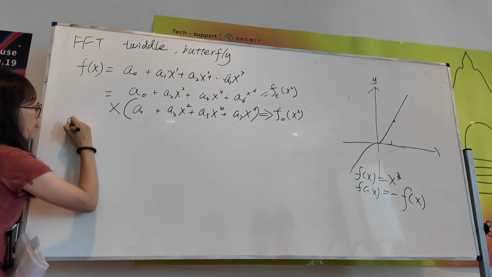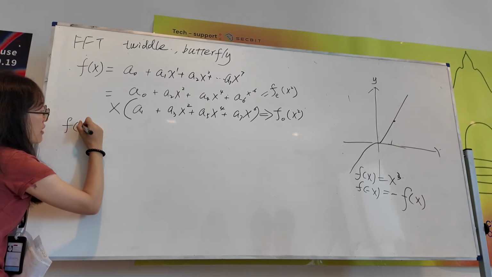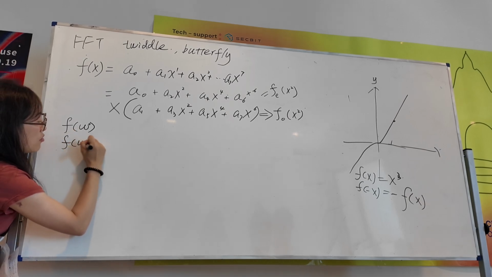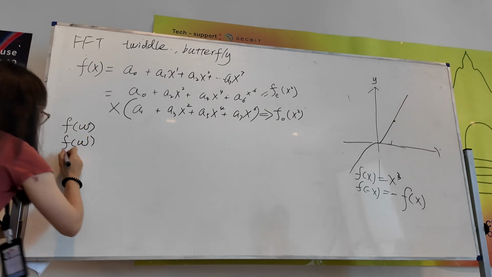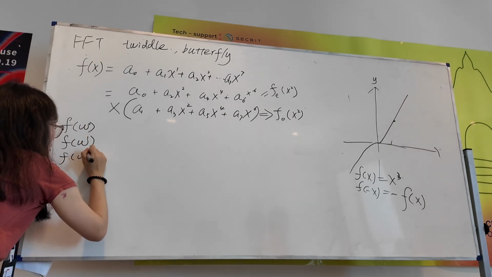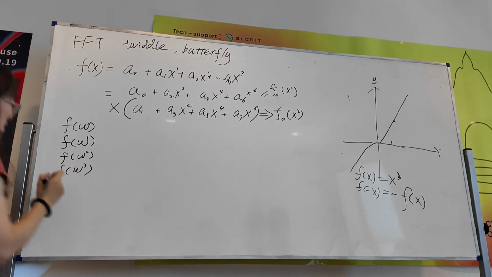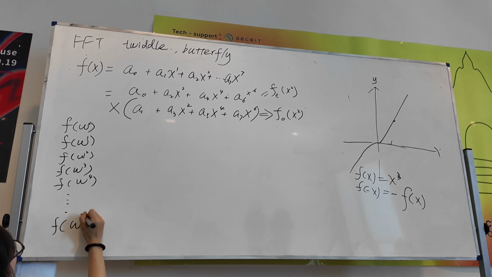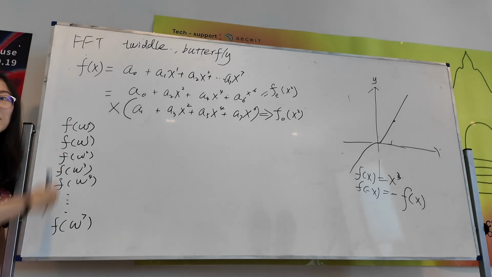And my goal is to compute, let's say now I'm working on the multiplicative group, starting from omega^0 and omega^1. I think I need to write them all: 2, 3, 4, blah, blah, blah, 7. And this is what I want to compute.